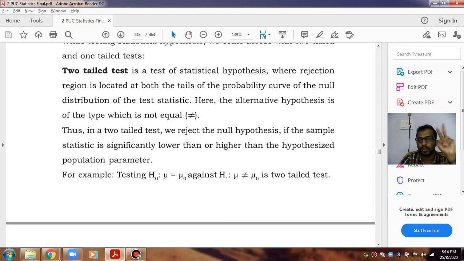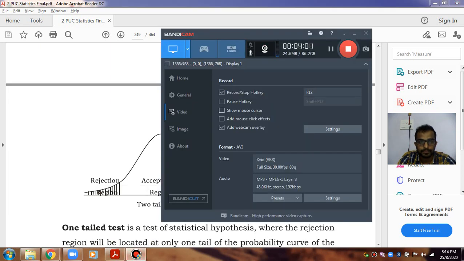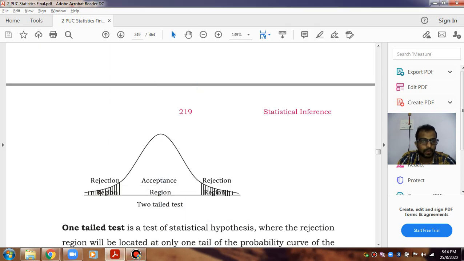And when will this both-side rejection region come? Only if you are doing not equal to sums. See, students, in this way you have to draw a normal curve and there is a critical value here, and a critical value here. These lines, the first line here and the first line here, are your critical values.